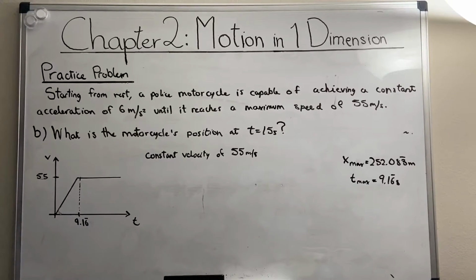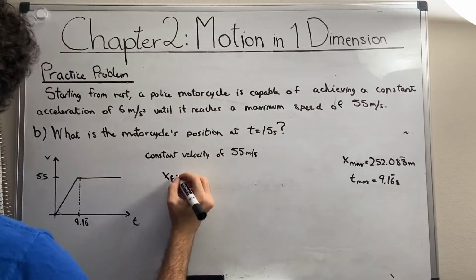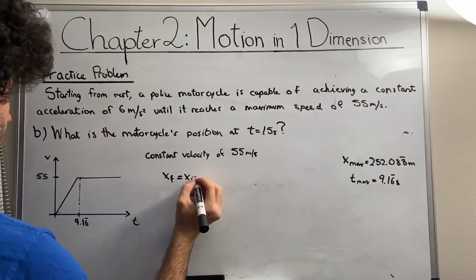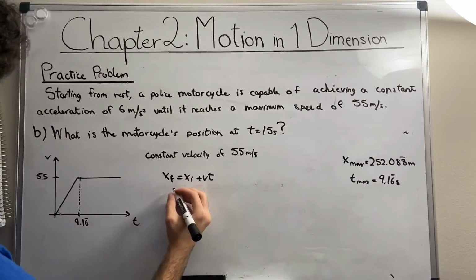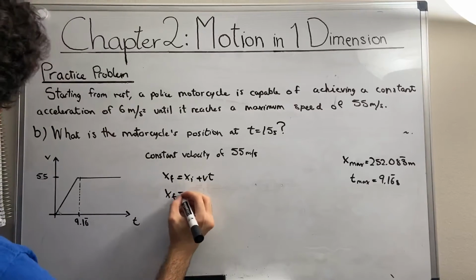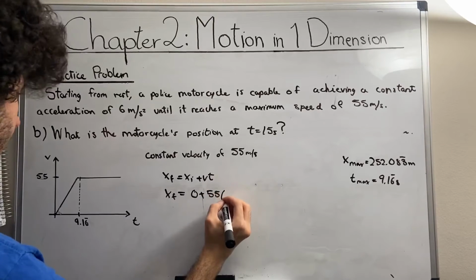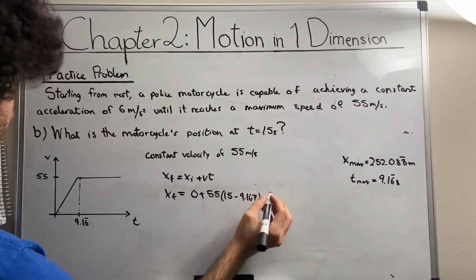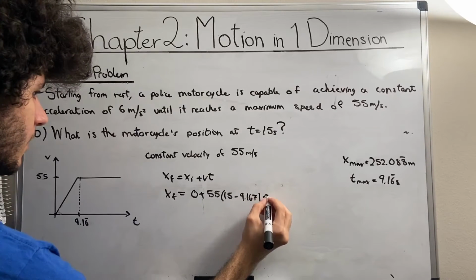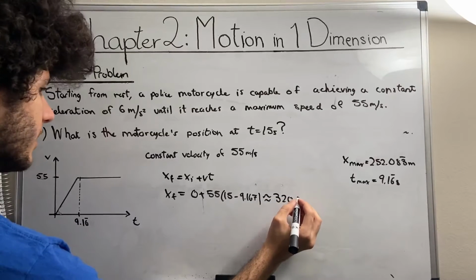It's a constant velocity question, meaning there's no acceleration. So we can just use this equation to solve. We do 15 minus 9.167, is about equal to 320.8.